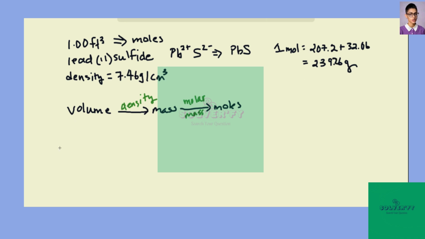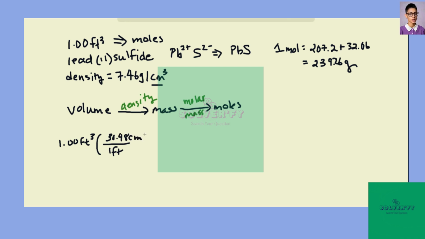So now we can do our conversions. Start off with a given quantity, 1 cubic foot. And when we look at our density, we see the volume unit is in centimeters, so we have to change it from feet to centimeters. 1 foot is equal to 30.48 centimeters.